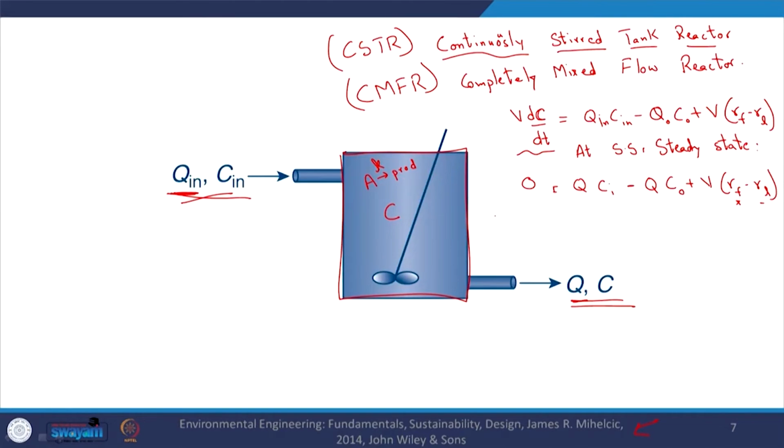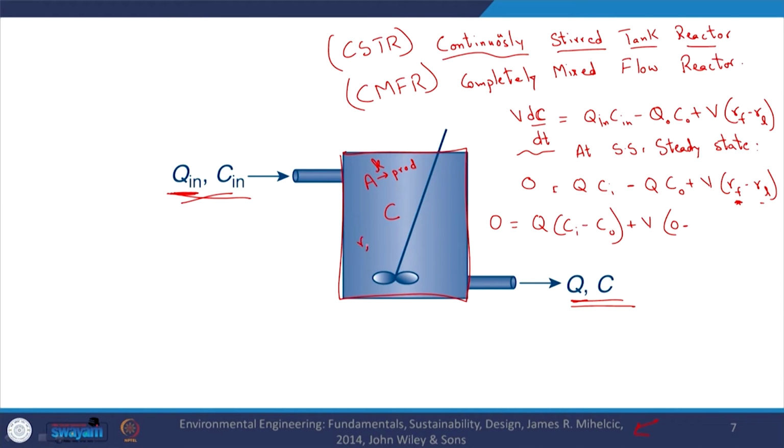So, what is it going to be? 0 is equal to Q times C coming in minus C going out plus volume into, there is no formation of the compound as we just saw, 0, minus the rate of loss. What is the rate of loss of this particular compound A?